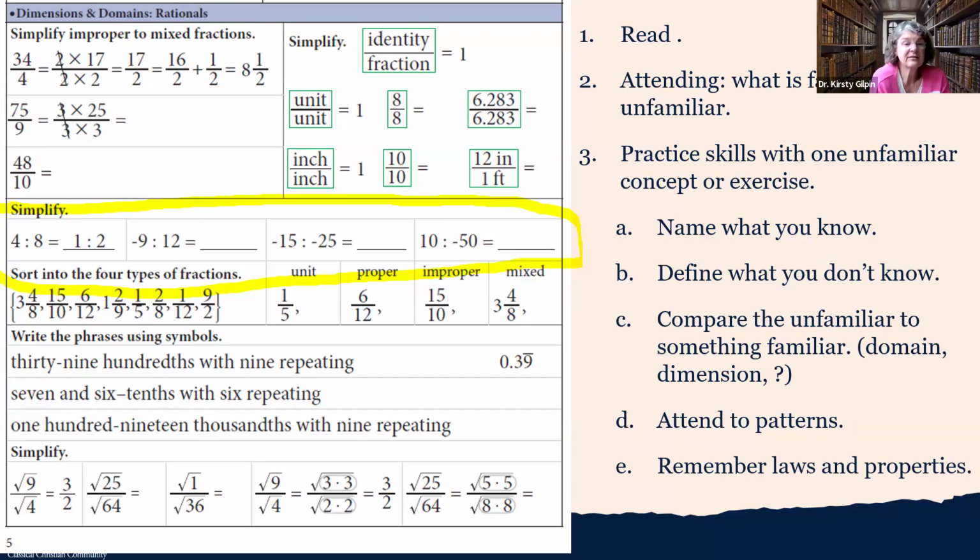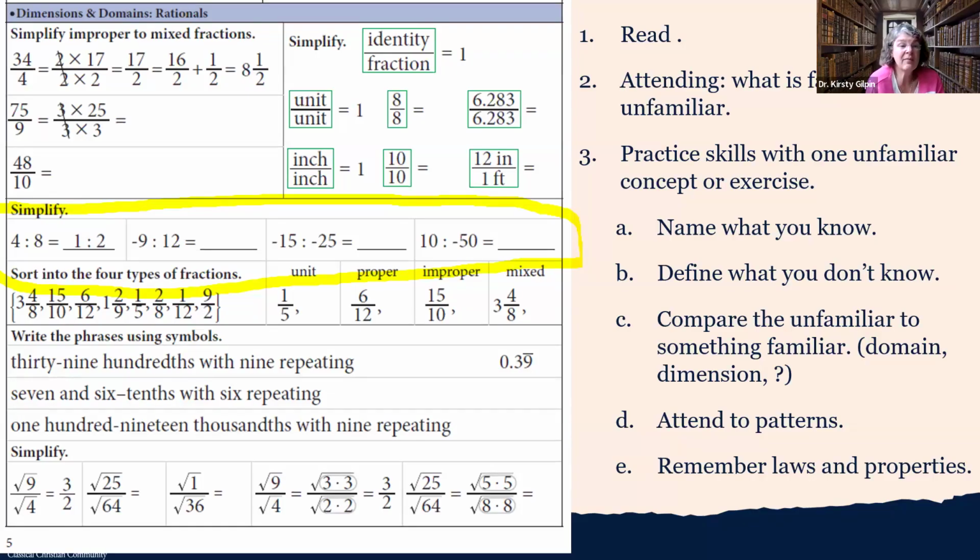Then we're going to look at patterns. We can look at that example and see that, if we're thinking this looks like division, it feels like fractions, 4 divided by 4 is 1, 8 divided by 4 is 2, that makes sense to me. It's not quite as straightforward with negative 9 to 12.